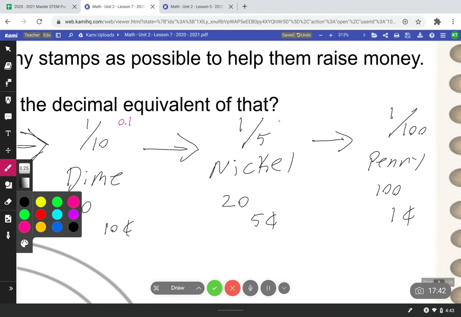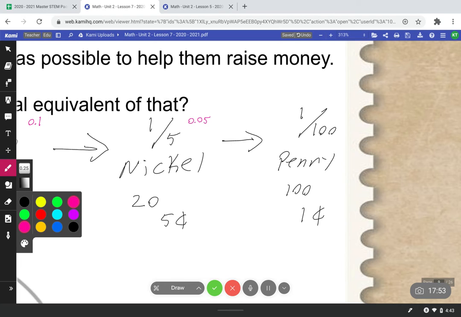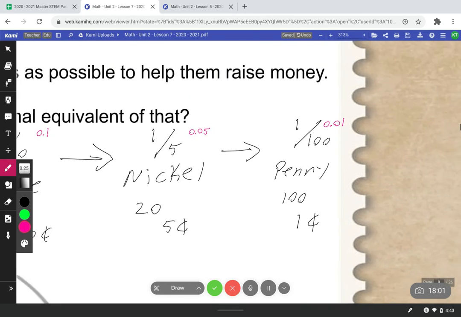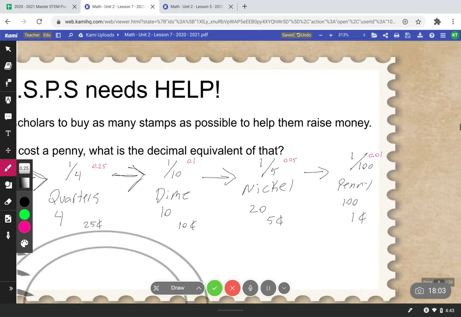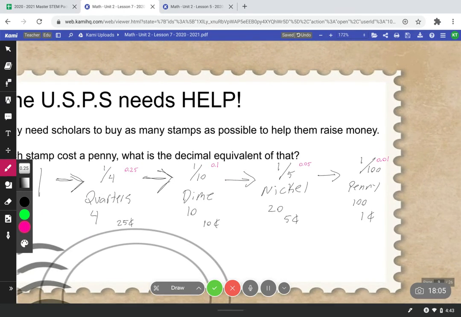A nickel would be, and then a penny would be, so the decimal equivalent of 1 penny is right there.